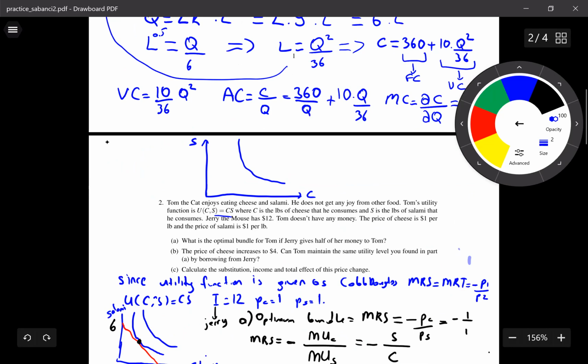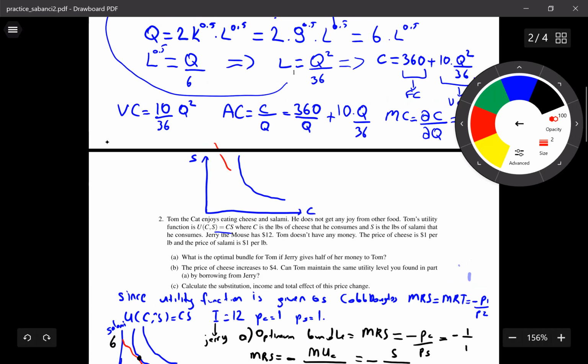We haven't exactly done it, but let me explain. This is the initial utility, the initial indifference curve, and suppose this is the initial budget line, passing through that point.